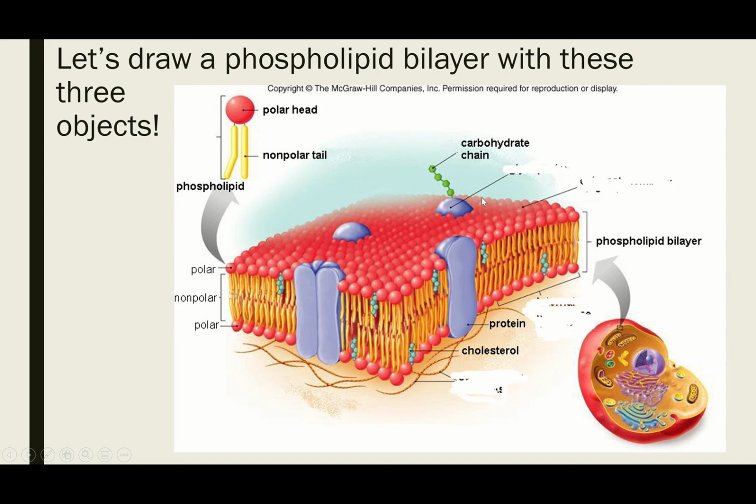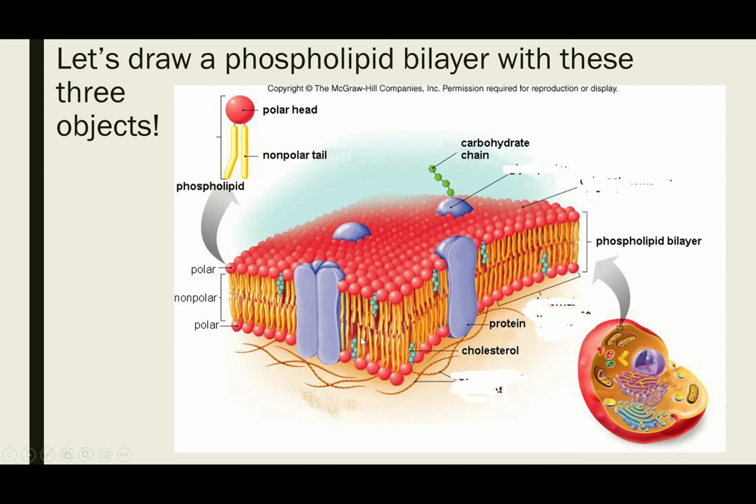See this? Very overwhelming. If I were drawing this, I would draw just this first front layer. I cannot draw in 3D like this, so I would draw just this front. Now I would add a carbohydrate chain sticking out because it needs to be there, but I would draw just this front with a bunch of phospholipids.